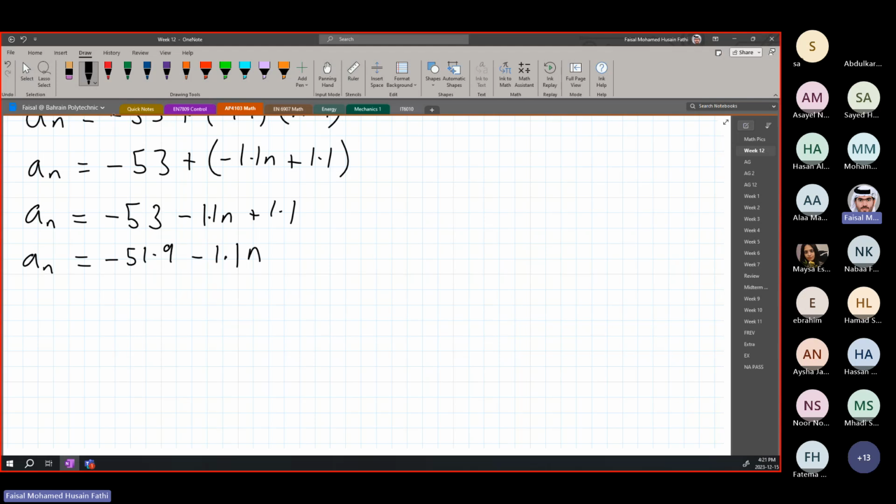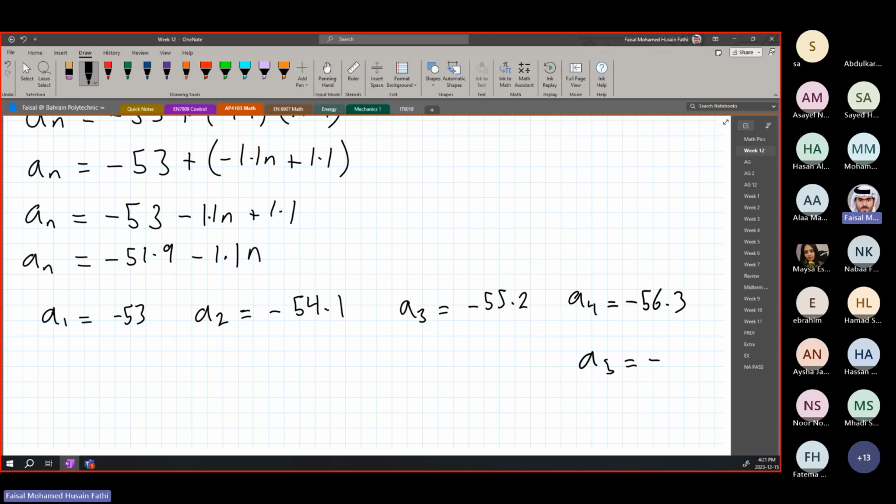Equal, starting at 1, ending at 5. Step is 1. So A1 is minus 53, which we already knew. A2 is minus 54.1. A3 is minus 55.2. A4 is minus 56.3. And A5 is minus 57.4. All right? Is this clear?